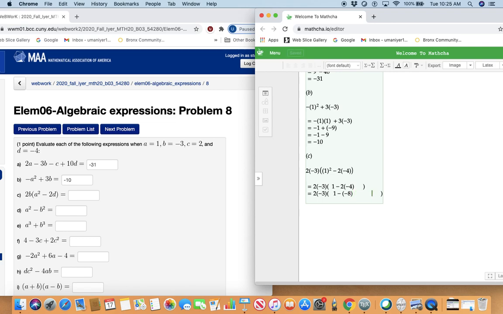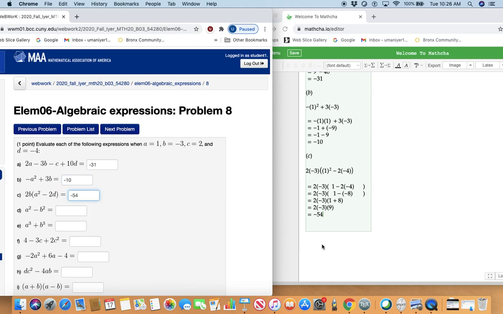So this equals 2 parenthesis negative 3, 1 minus of minus 8, 1 plus 8, so 2 parenthesis negative 3 parenthesis 9. At this point you are multiplying. There is one negative, so overall answer is negative. 2 times 3 is 6 times 9. 6 times 9 is 54. Final answer, negative 54.